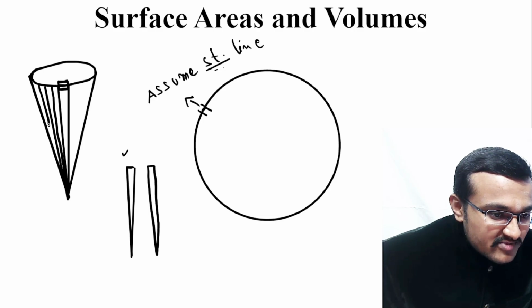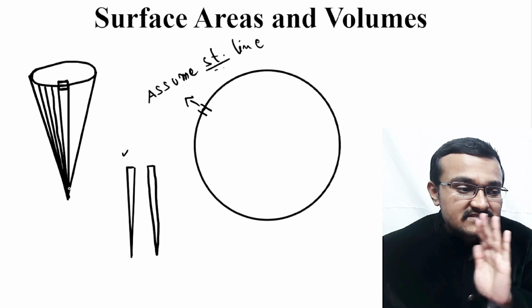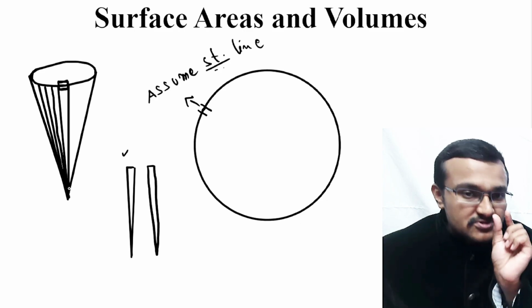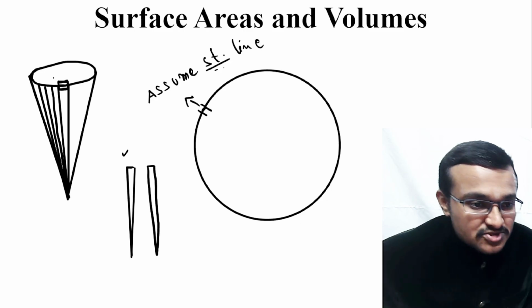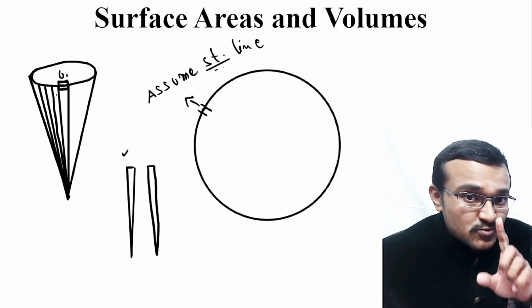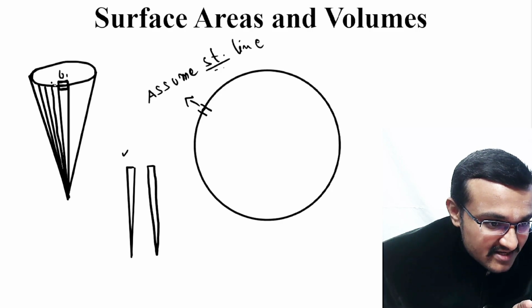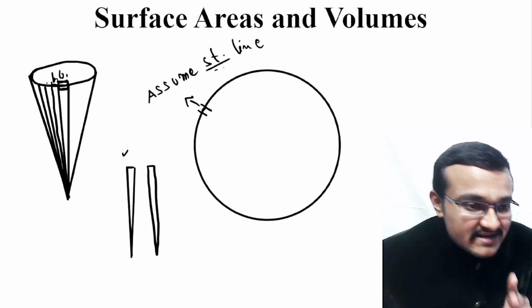When I go on forming small triangles, in order to get the curved surface area, I can add the areas of all these small triangles. This one we can call B1, the base of the first triangle. This particular length we can call B2, the base of the second triangle.